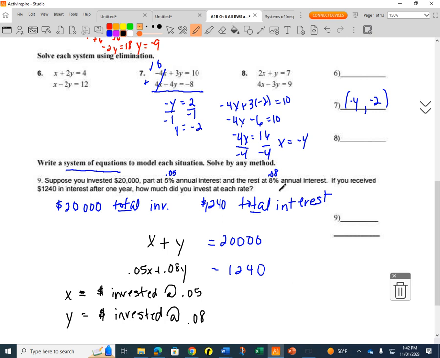Alright, so we have these two equations, and I'm going to rewrite them because I wrote them awkwardly. So I'm going to rewrite it here: x plus y equals 20,000, and 0.05x plus 0.08y equals 1,240.